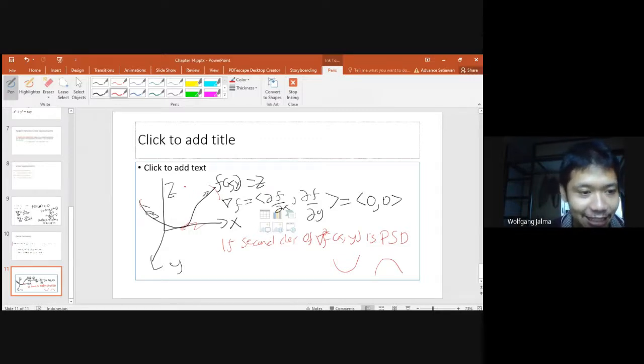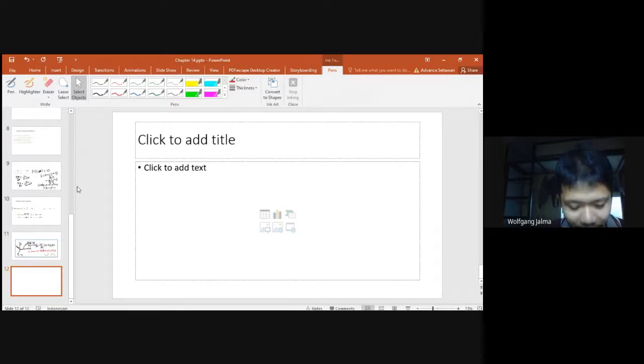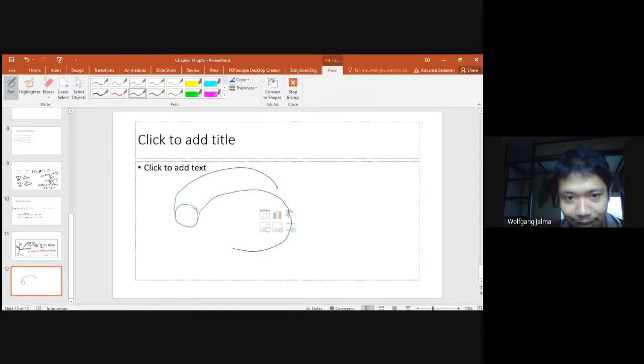Now, let me talk about what we mean by a constraint. So suppose, hopefully my drawing is not that bad, but I'm sorry if it is bad. It's kind of not good, but okay.